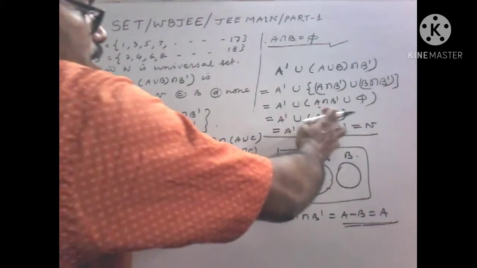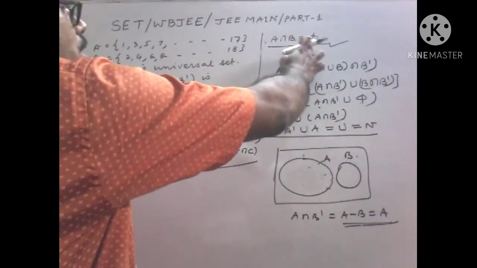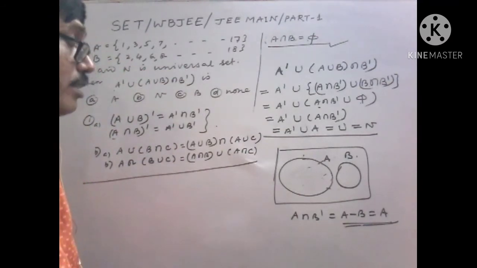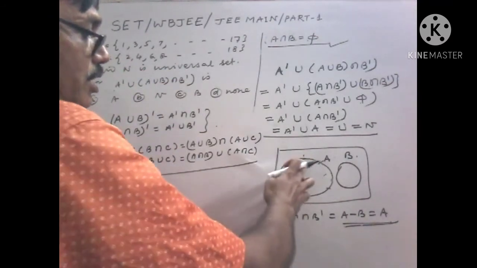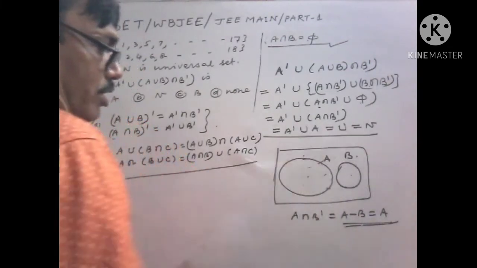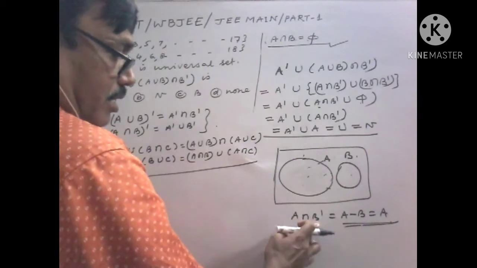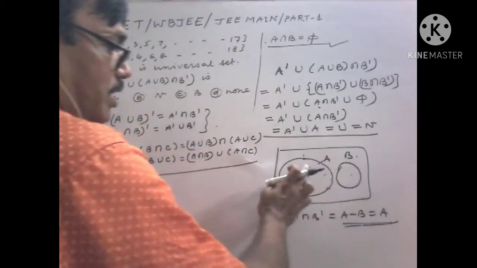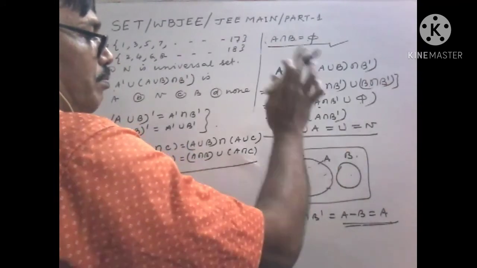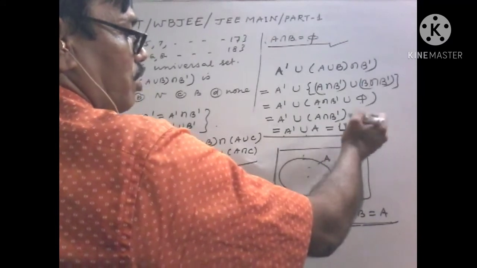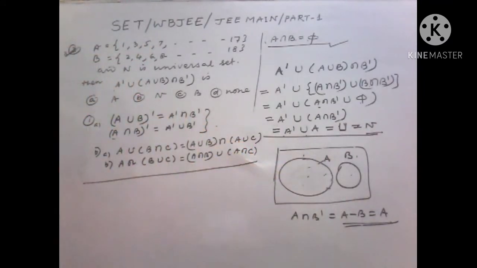Now A intersection B dash, A and B are exclusive. That is, there is no common part. A and B are disjoint sets. So A intersection B dash equals A minus B equals A, present in A but not in B. So A dash union A equals U from the property of sets, and this is given by n.